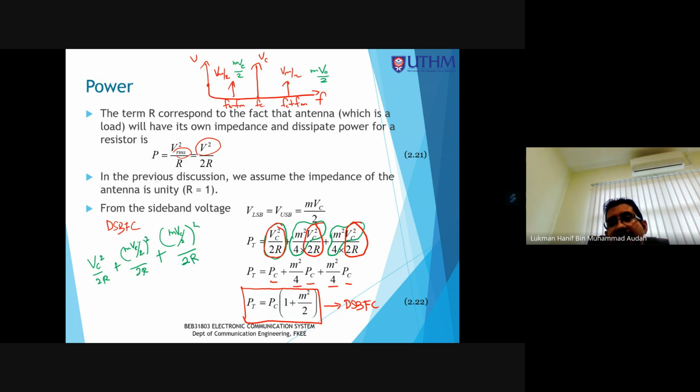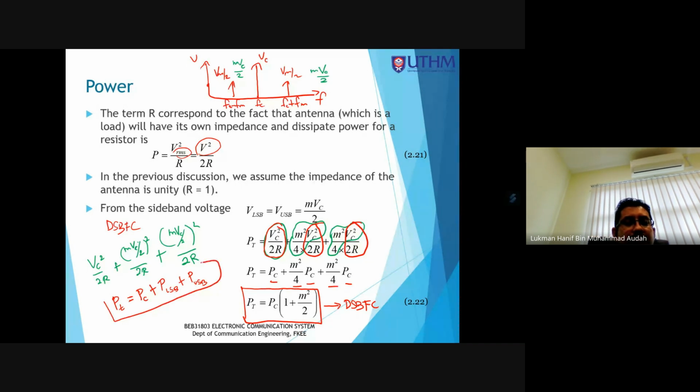For the rest of AM, when you want to calculate the total power, as I said, you have to do the summation of all the power components. We have PC, we have the lower sideband, and we have the upper sideband.